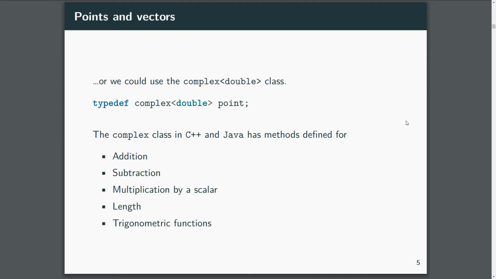It's dependent on the standard library whether they include it or not. It usually comes with support for these operations: addition, subtraction, multiplication by a scalar, so with a single number, some way of getting the length, and also support for the trigonometric functions.